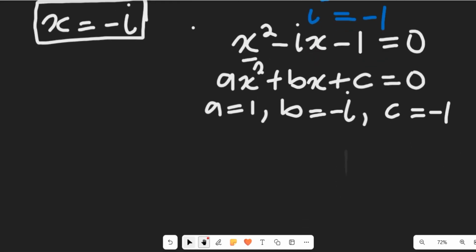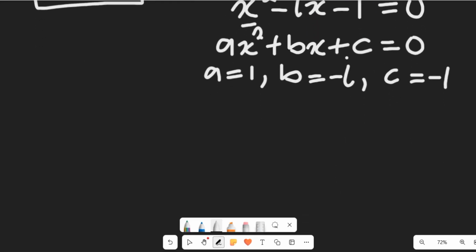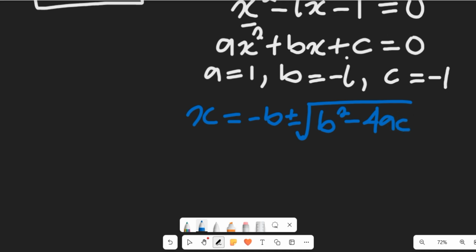So if we simplify that with the quadratic equation, remember that our quadratic formula for the value of x will now be equal to minus b plus or minus the square root of b square minus 4ac, divided by 2a.